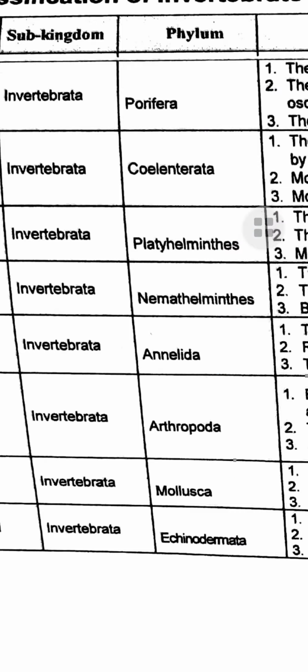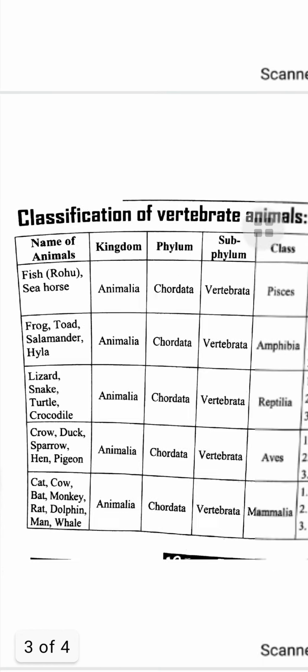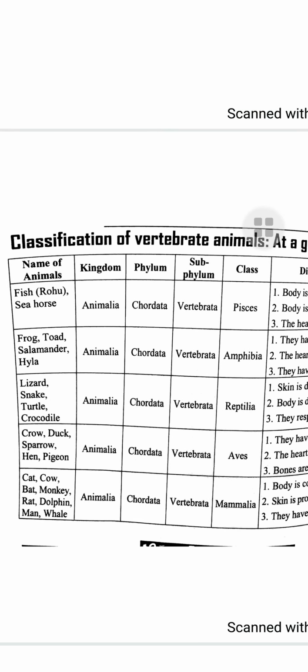Now students, here is another chart which shows the classification of vertebrates. Look at here. In vertebrates, what is given? Fish, seahorse, they belong to Pisces.